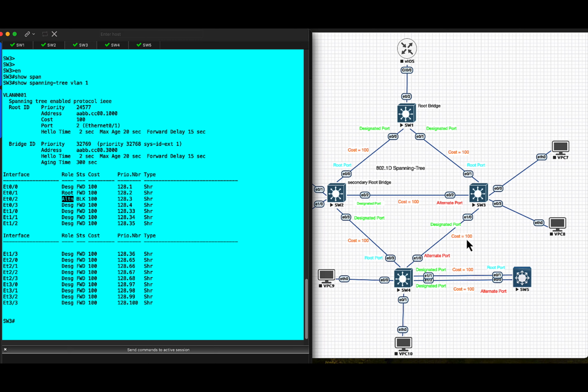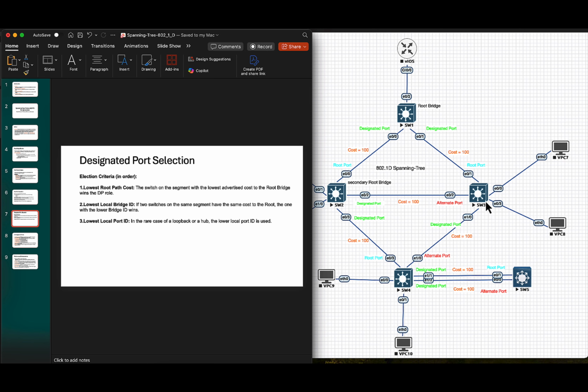But switch 4 will be at least 200. So from just the path cost perspective, switch 3 is going to win the designated port, and the loser will have to be an alternate. So switch 4 will put this one as alternate. Again, the root port has already been selected, so it's just between the designated port and alternate port. So that takes care of why this link on switch 4 is an alternate port.